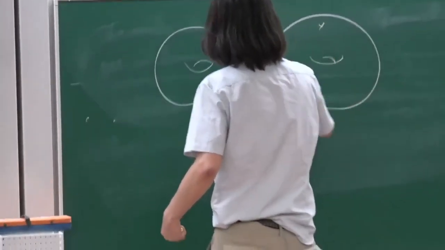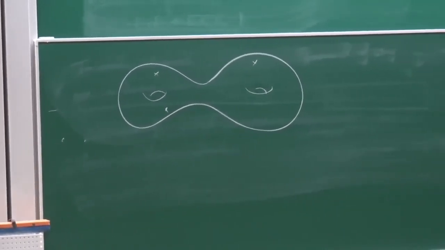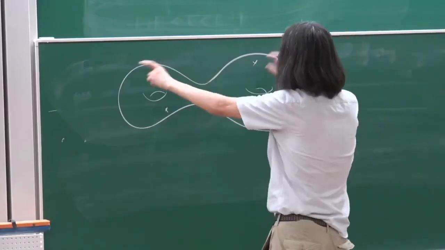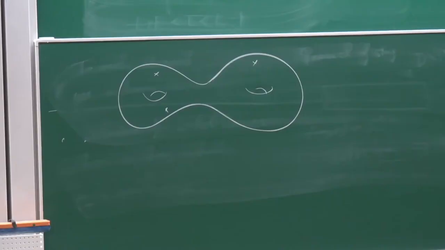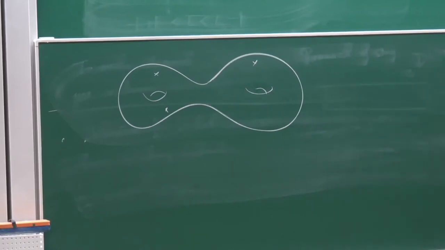You have some surface here, maybe with some marked points, and then maybe the hyperbolic structure is changing. So it is not really constant, but the hyperbolic metric somehow converges on the same underlying surface.